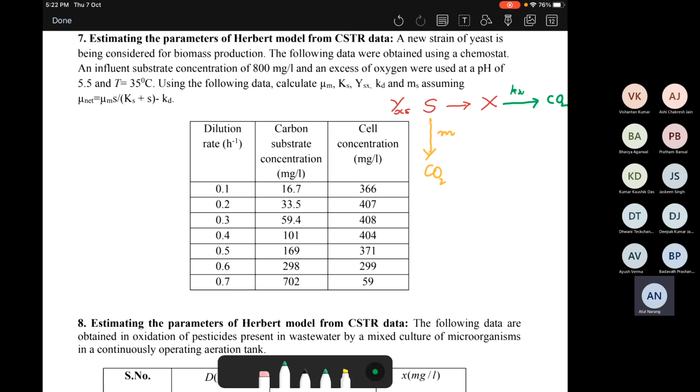That leads to a loss of biomass due to the conversion of pre-existing biomaterial into CO2. But that also effectively will lead to consumption of S, but not production of biomass, because you made it but degraded it.